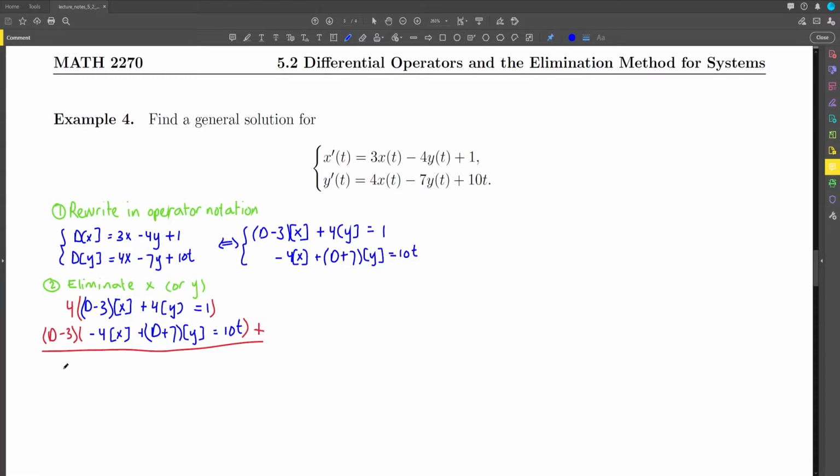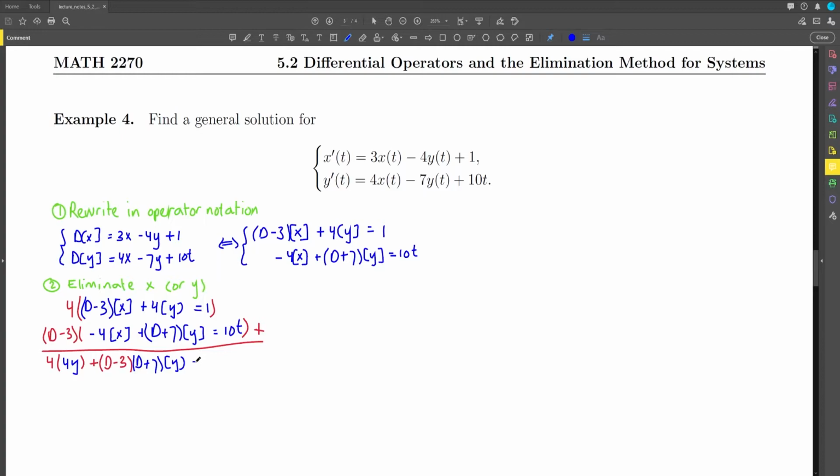So the x's cancel, and what we're left with is 4 times 4y, and then the second part is plus D minus 3 acting on D plus 7 acting on y.